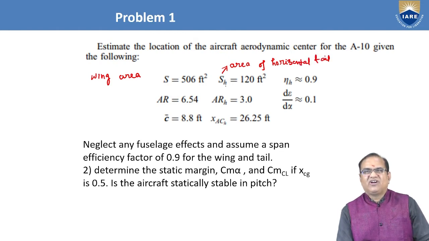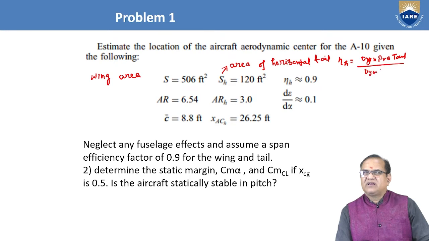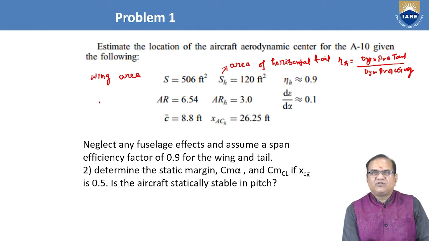This H indicates the horizontal tail, and eta H is the ratio of the dynamic pressure of the tail to the dynamic pressure of the wing. This is given as 0.9 because there is a downwash, so this value will not be 1. Here is the aspect ratio.